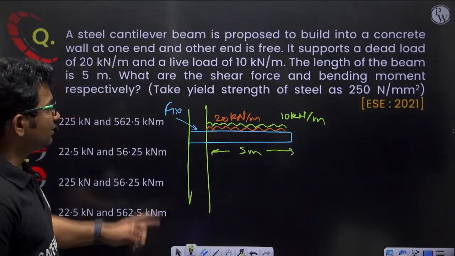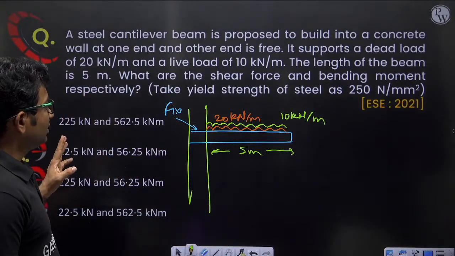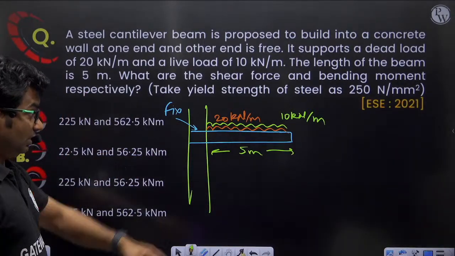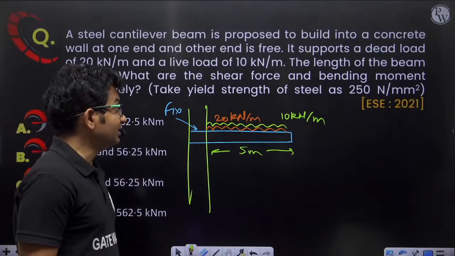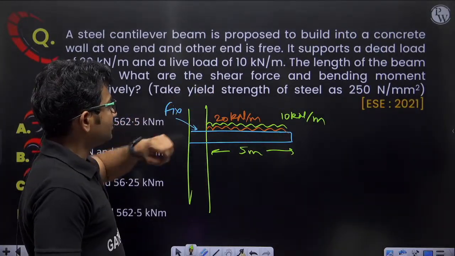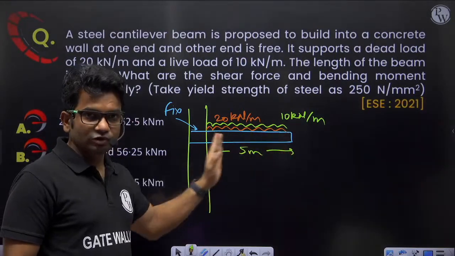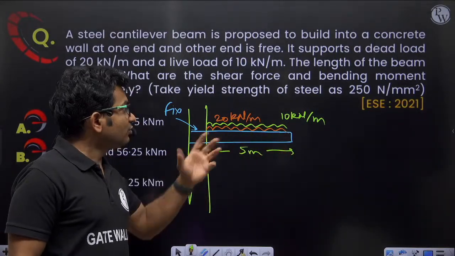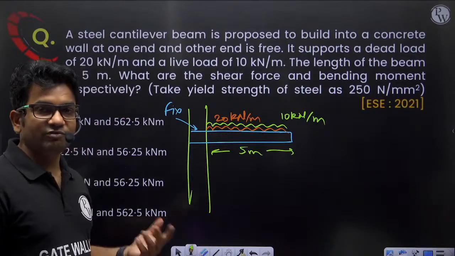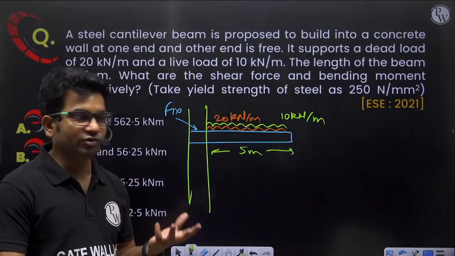What are the shear force and bending moment respectively? Take yield strength. Do we need yield strength here? No need of yield strength. Basically shear force will be changing along the length, bending moment will also be changing along the length. But they have not given at what point we have to calculate shear force and bending moment.